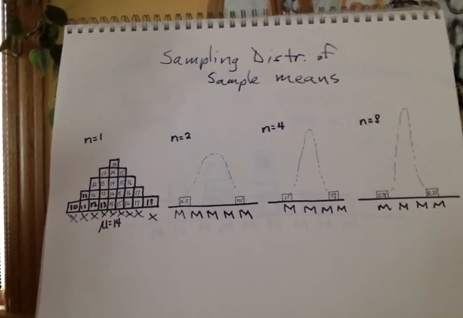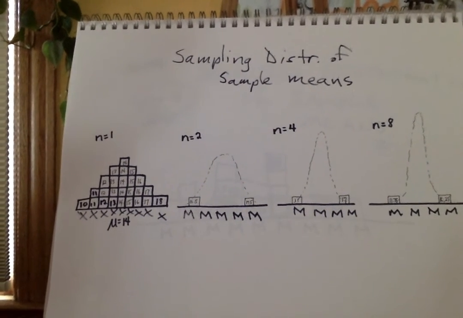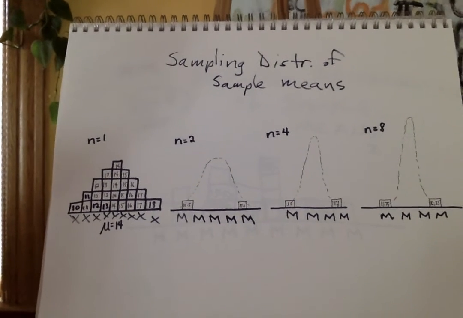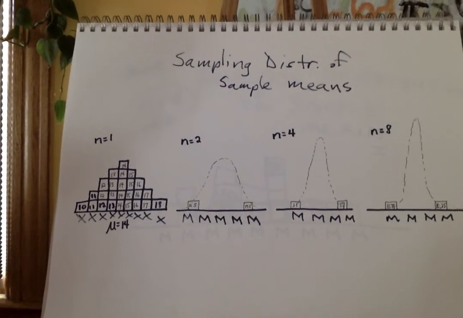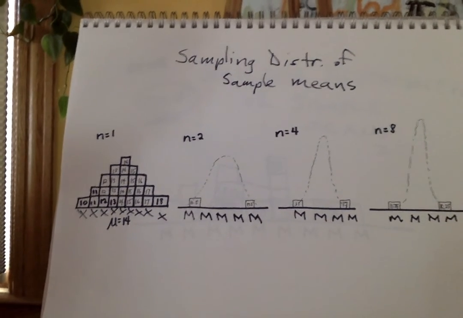What I'm showing you here is we're going to have 3 different sampling distributions of sample means. One where the n is equal to 2, one where the n is equal to 4, one where the n is equal to 8.